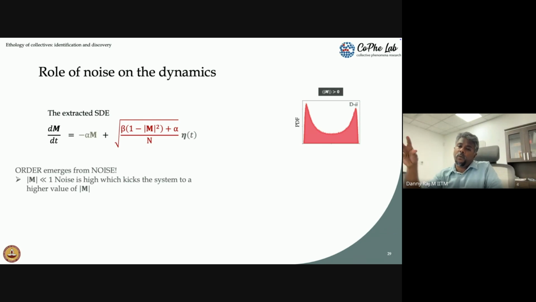This is at the level of the group, right? You can ask the question, what are the interactions at the level of the individuals that lead to this? And you'll realize only when they choose one neighbor to interact with will it result in this equation. The minute they choose more than one and they start to average their interactions, this minus m will become m cube minus m or something of the sort. And this itself will have a fixed point outside of 0.